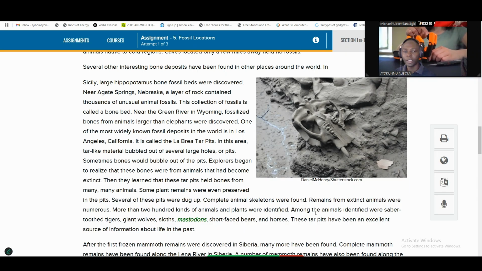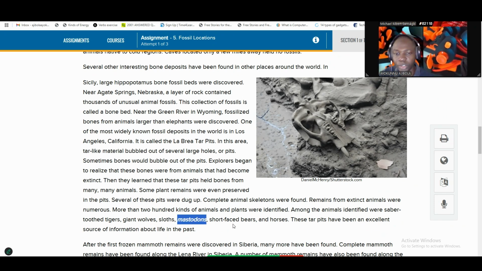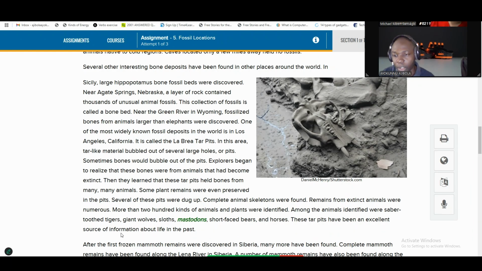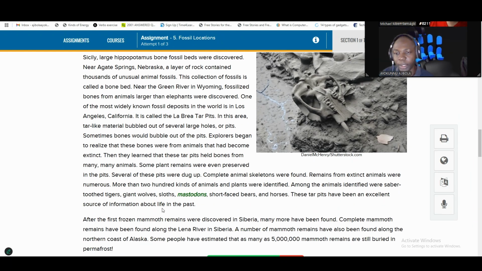Among the animals identified were saber-toothed tigers, giant wolves, sloths, mastodons that I have just shown you the picture of, short-faced bears and horses. These tar pits have been an excellent source of information about life in the past.